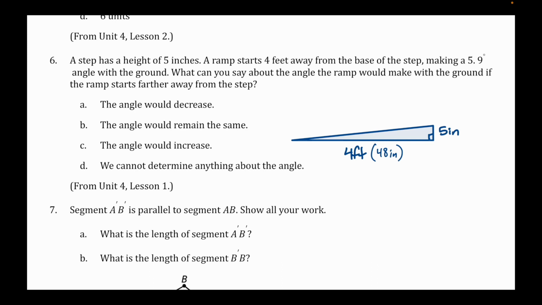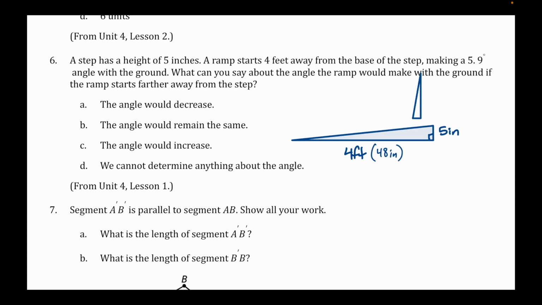Let me see if I can actually make this dynamic with my triangle drawing tool. Okay, so you can see as I stretch it further away, the point that I'm actually moving on the far end, as I move it closer, you can see the angle become bigger and bigger to the point where it's almost 90 degrees.